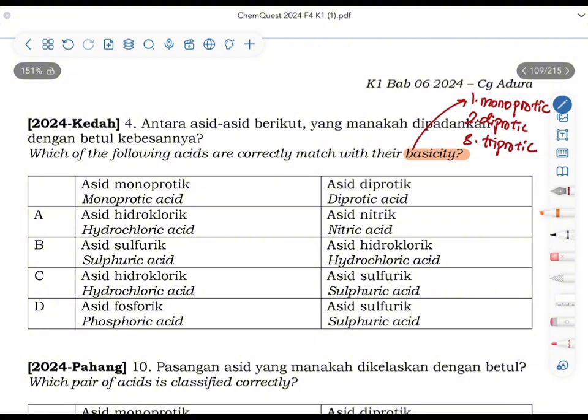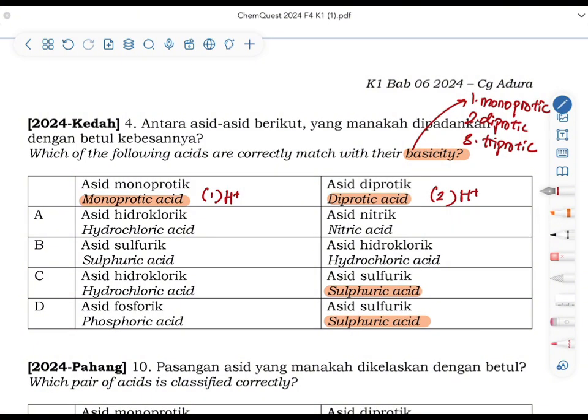In this question, it is asking for monoprotic acid and diprotic acid, so 1 and 2 hydrogen ions. A very popular example of a diprotic acid is sulfuric acid. So you only need to look at options C and D, phosphoric acid and hydrochloric acid.